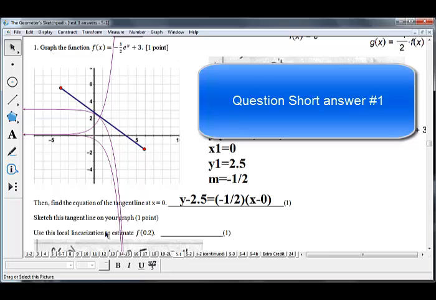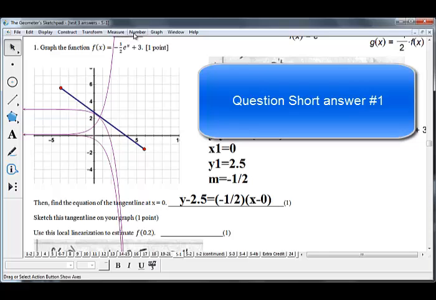Now use the local linearization to approximate f of 0.2. So what we're saying is we know that this is the tangent here at 0. The local approximation looks like it would be an excellent guess here. So what I want to do is just put 0.2 in for my x value here.